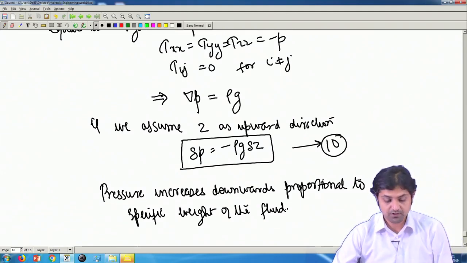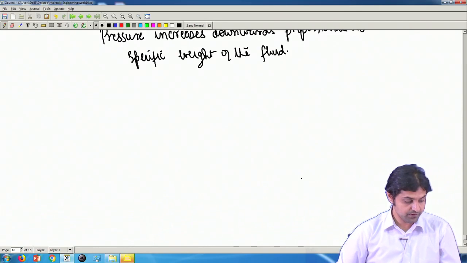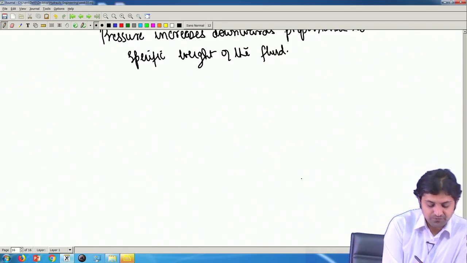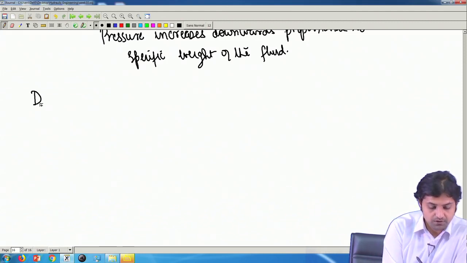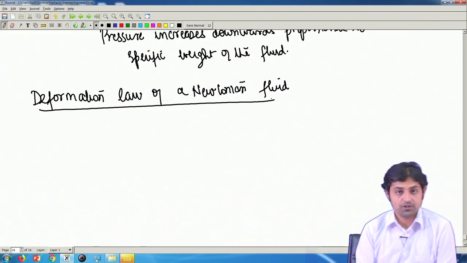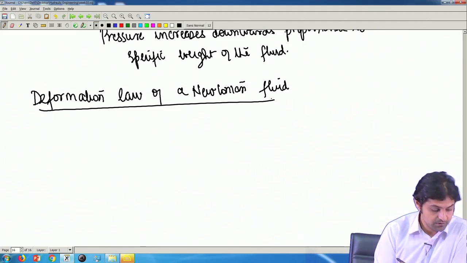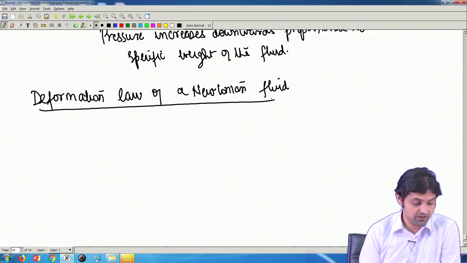So this was a slight deviation, but we are going back again to the deformation law for Newtonian fluid. Okay. So we are going to proceed for the further derivation of the Navier Stokes law. Deformation law for a Newtonian fluid. So the idea was that we should be able to relate viscous stress to viscous strain. All right.